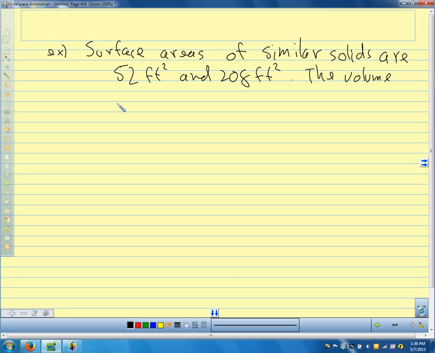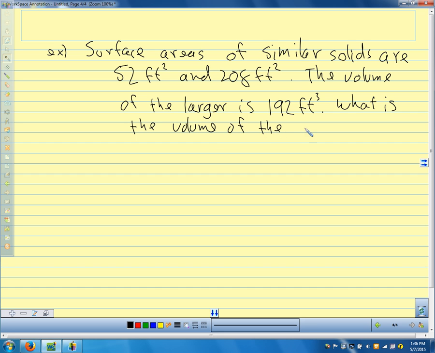The volume of the larger is 192 cubic feet. What is the volume of the smaller? So very, very similar kind of problem here.